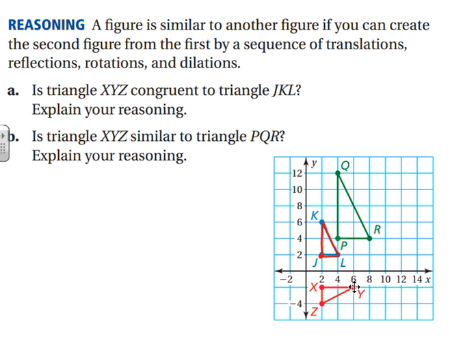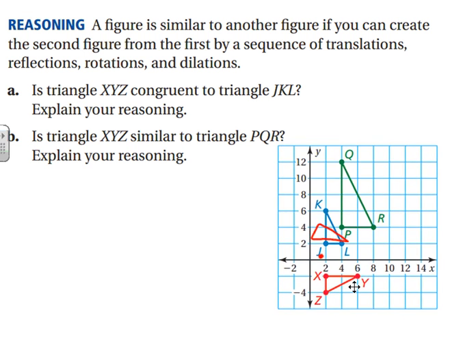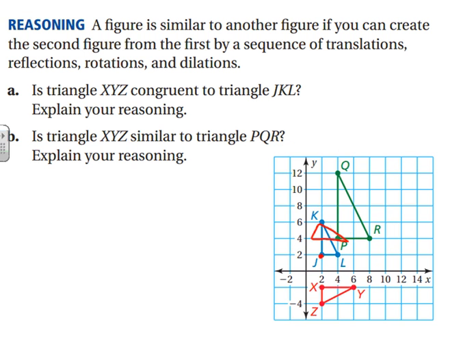You could rotate it first. So we can go back for a second here. So starting just like this, I'm going to rotate it first, and I wanted to rotate it around point X. So imagine holding your pencil there and rotating it, and then sliding it up.